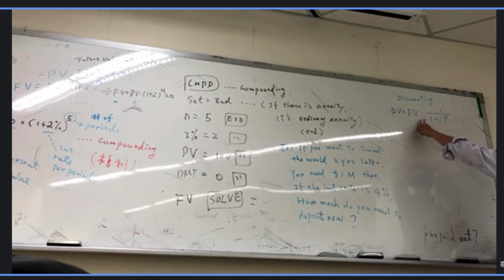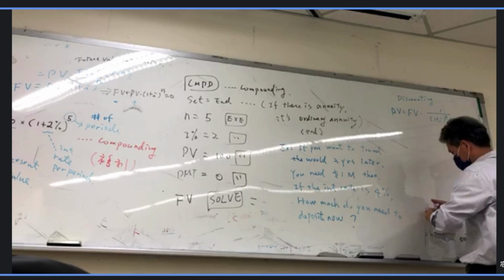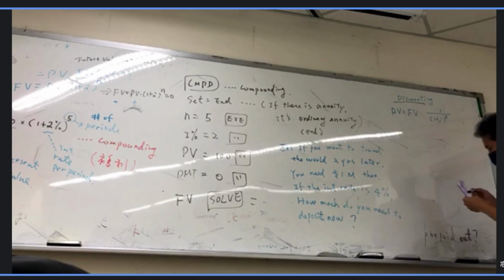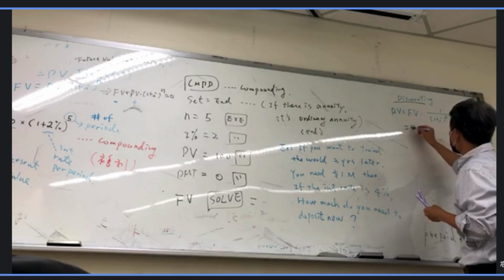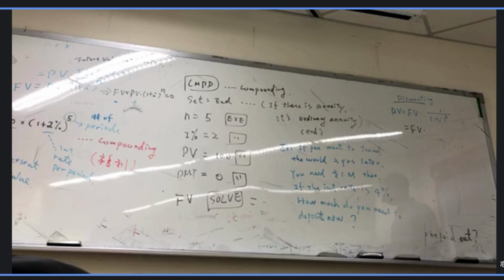We know the future value, and then we want to find the present value. We call it discounting. Or we can use the interest factor. This we call the present value interest factor.